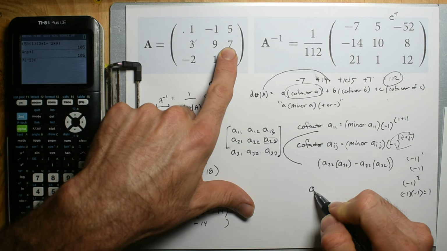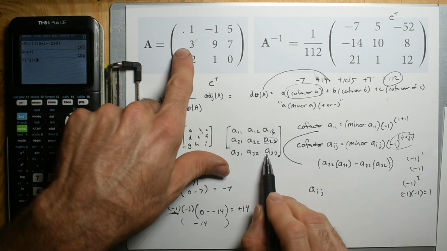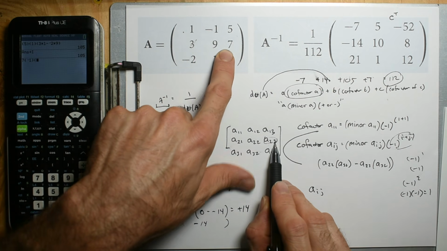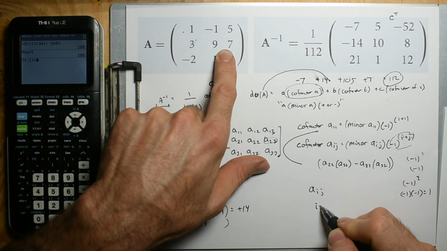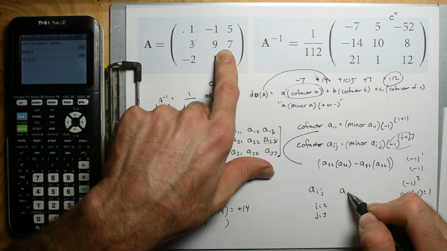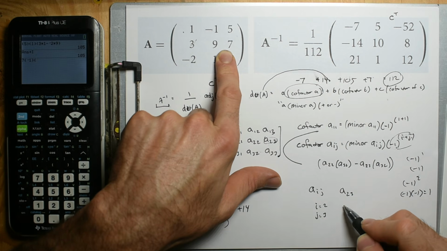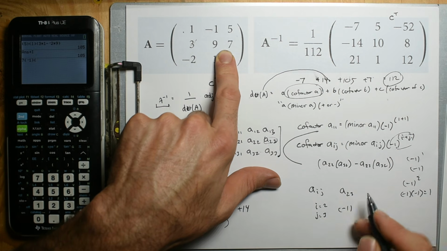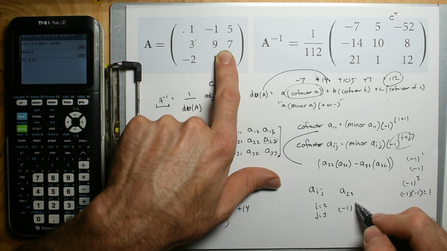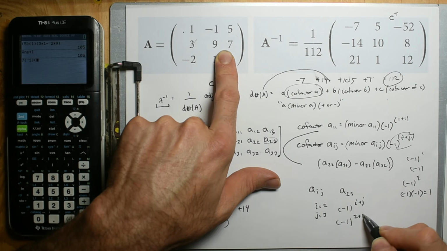And that's associated with, and if I do this, so we have row 2, column 3, it's that value. Your i is going to be 2. j is going to be 3. So we have A i j is going to be A 2,3. When we do this negative thing, whether it's negative or positive, I'm going to go negative 1 to the i plus j, which is negative 1 to the 2 plus 3, which is negative 1 to the 5.